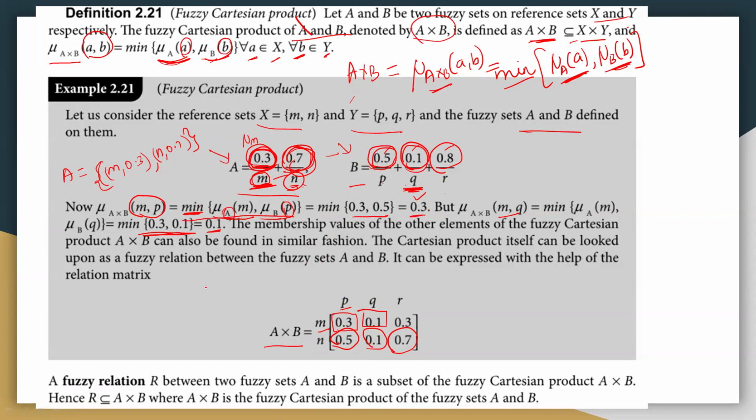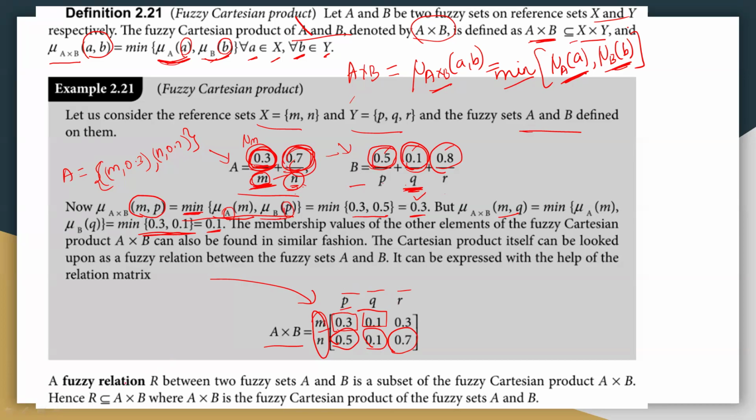We can also show this in the form of a relation matrix. Row-wise we write m and n, and column-wise we write the other elements, p, q, r, and we show the relation between them. What is the relation of m and p in the Cartesian product A cross B?